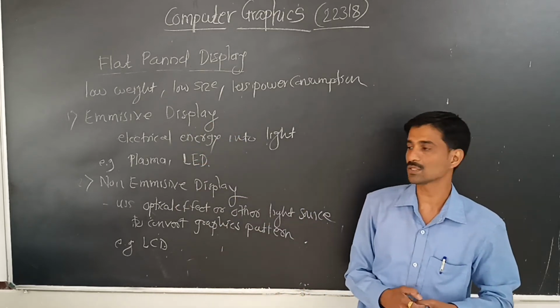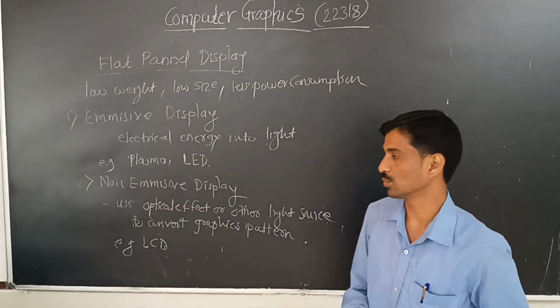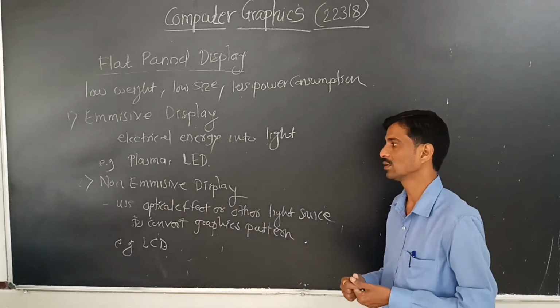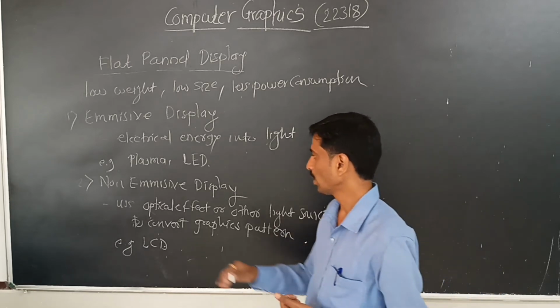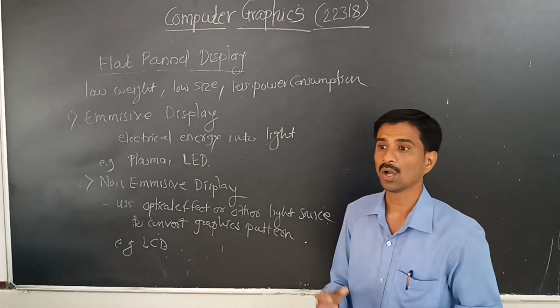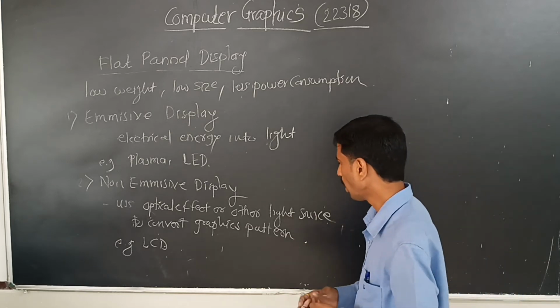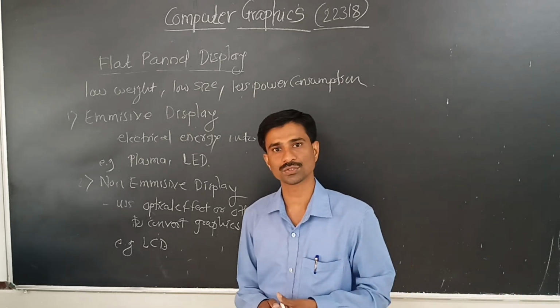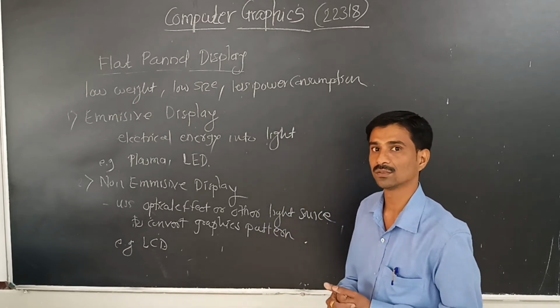Then the second type is non-emissive display. In this, the devices use optical effects or other light sources, for example sunlight.